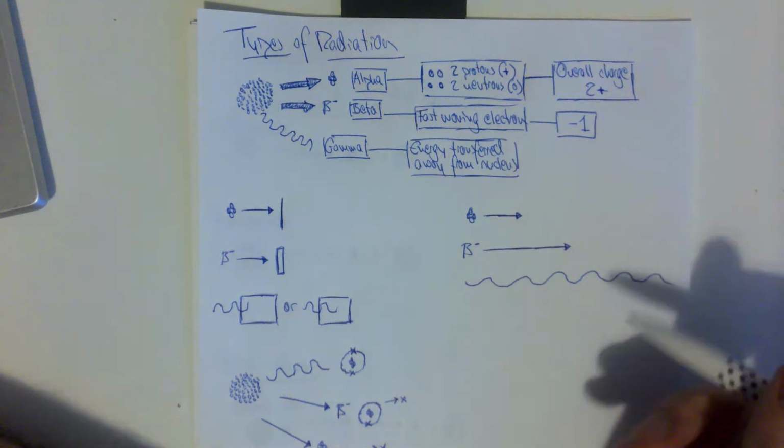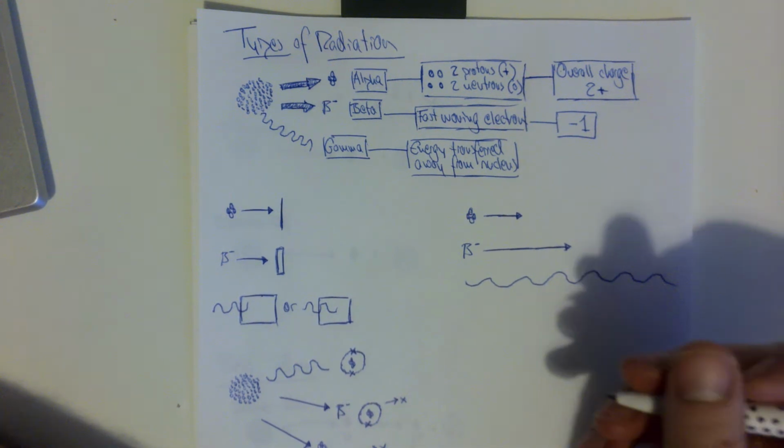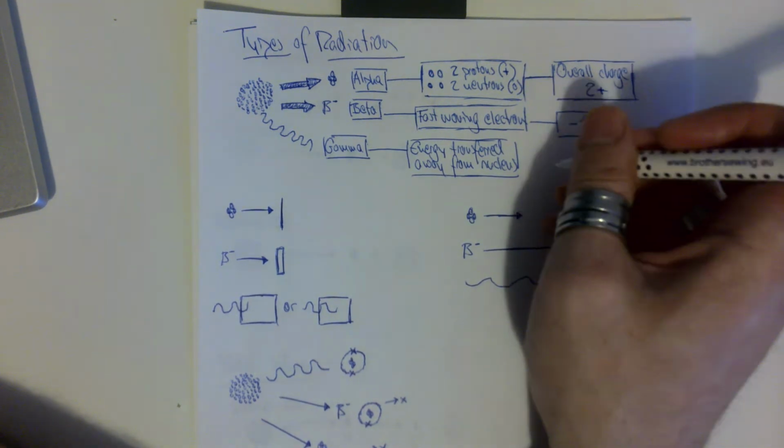So the key thing to remember about the different types of radiation is that they are all things that are given out by an atom as it breaks down or decays.